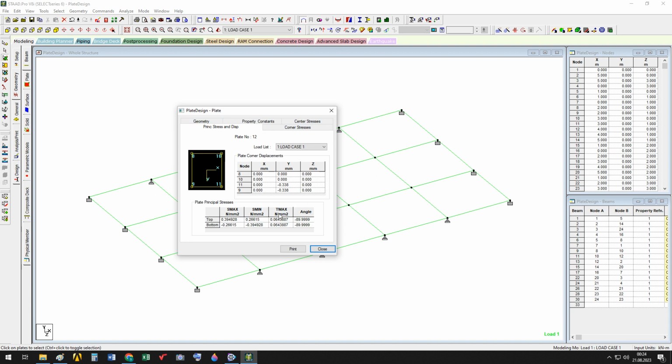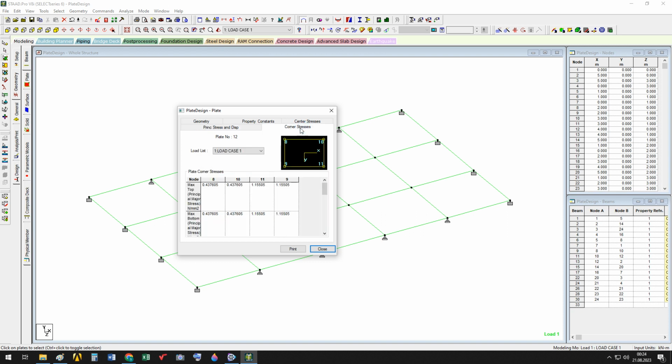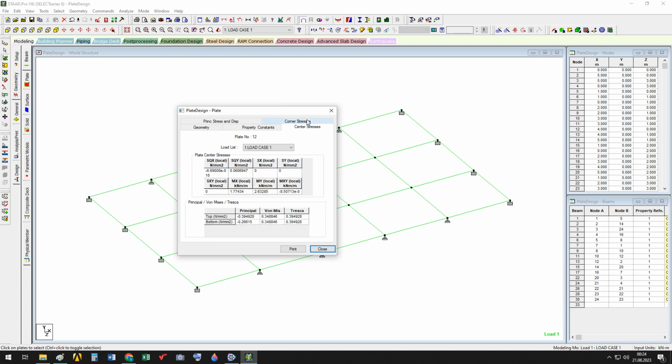Okay, this is shear stress, and these are normal stresses, principal stresses. Principal stresses are important. Remember from Mohr circle what principal stress are. Corner stresses, values of corner stresses of the selected plate element, and center stresses. Those stresses developed at the center.